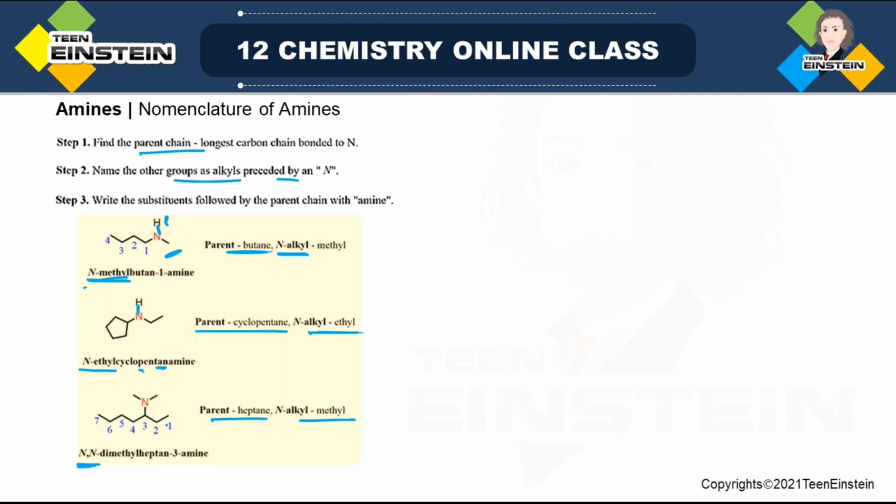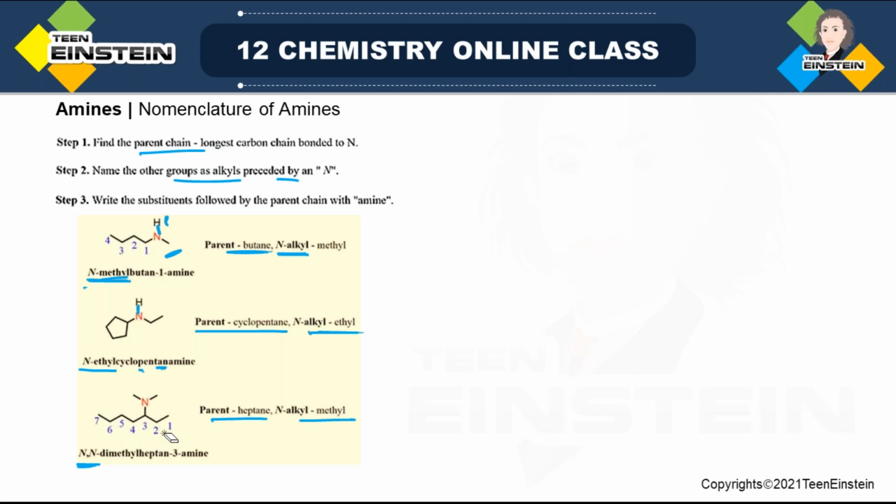This is the longest chain and you can also see the numbering. We have done the numbering in such a way so that nitrogen gets as minimum number as possible. So the numbering is done from right hand side to left hand side. If you are doing the reverse, now this will be 1, 2, 3, 4 and this will be 5, which is not correct. So that is why this blue numbering, this is correct.